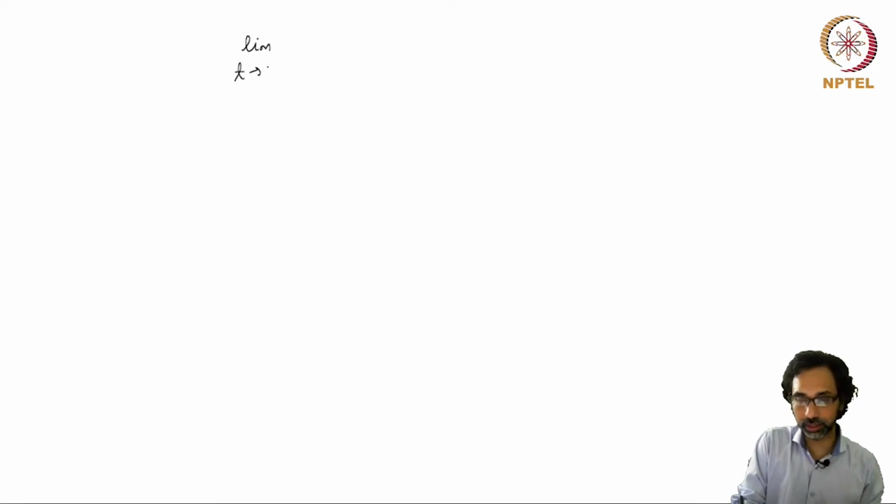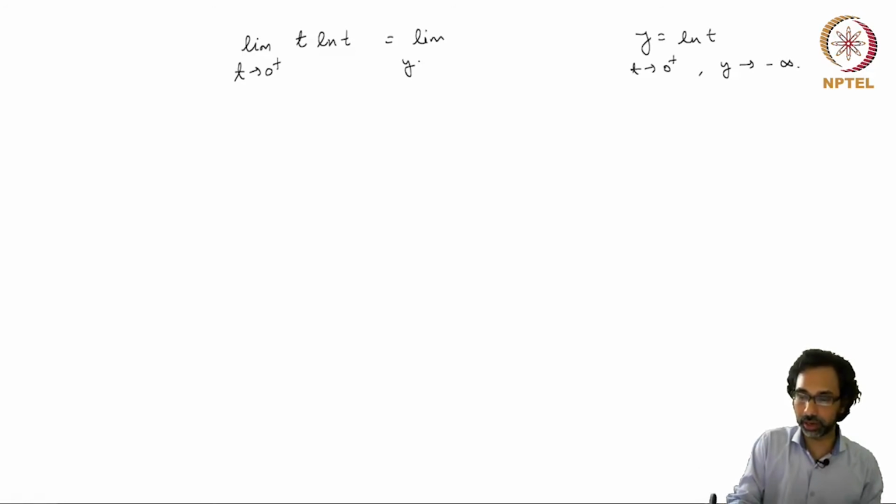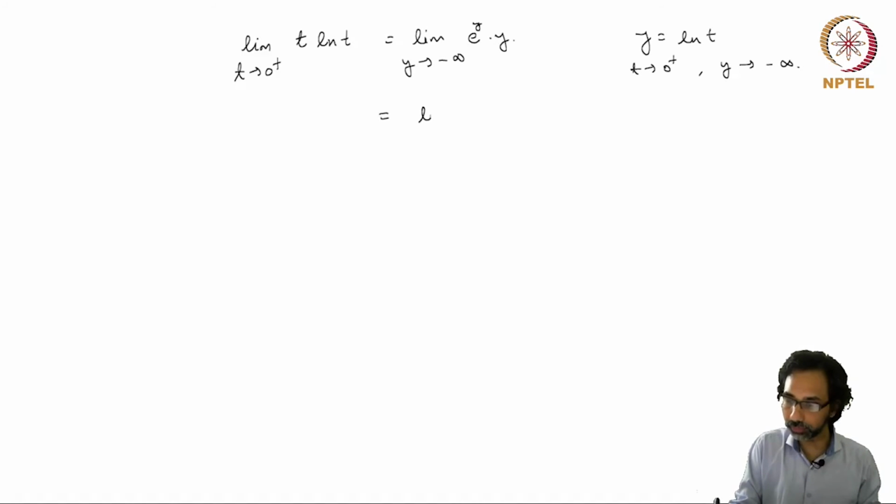So let's see the limit as t tends to 0 plus of t ln t, and if I take y to be log of t, then as t goes to 0 plus, y goes to minus infinity. So we can write it as the limit as y goes to minus infinity of e to the power y multiplied by y, and this is the same as the limit as x goes to plus infinity.